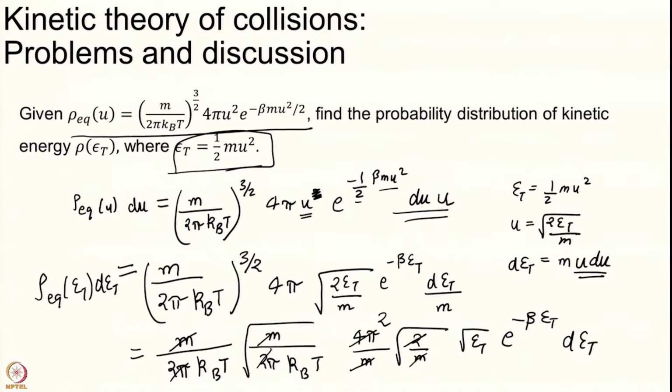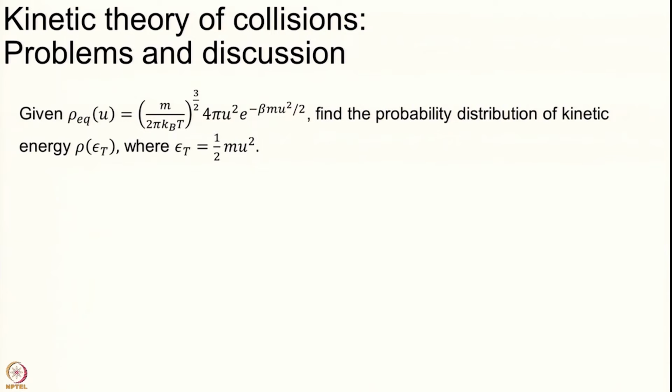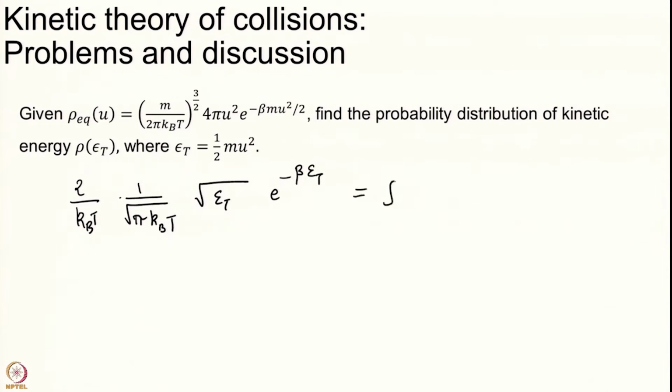Okay. So, the net result I get is, I have written it here, you can simplify this, 2 over kT into 1 over root pi kBt root epsilon t e to the power of minus beta epsilon t, this is equal to rho of epsilon t.